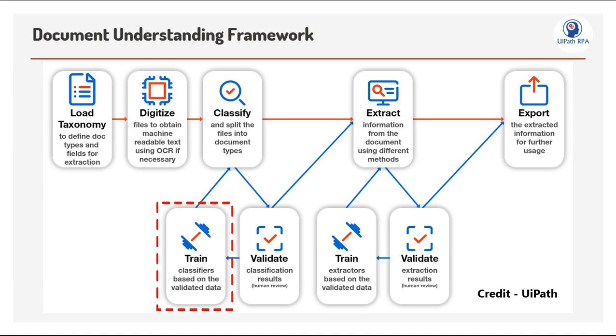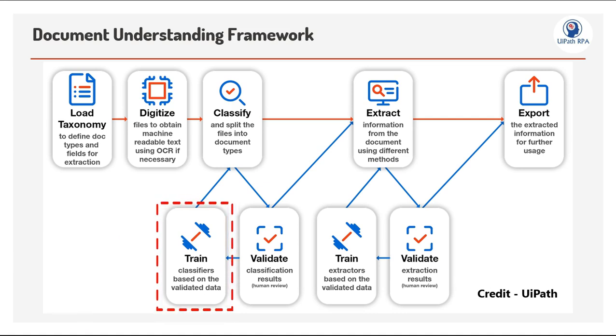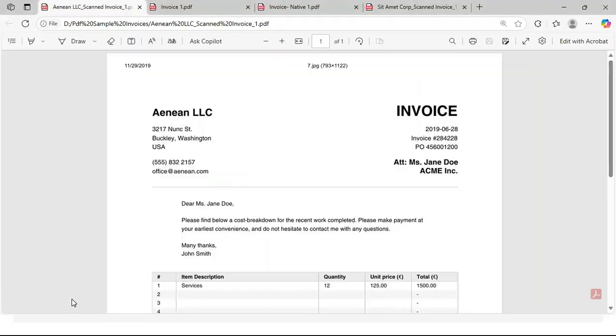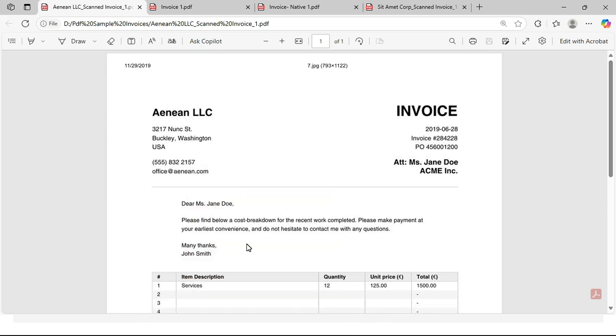For the next time we receive that document, we have already trained our mind, our brain, to always identify this type of document as an invoice or receipt. So my mind is ready to understand that this is an invoice document.